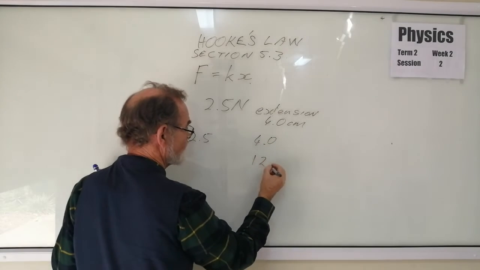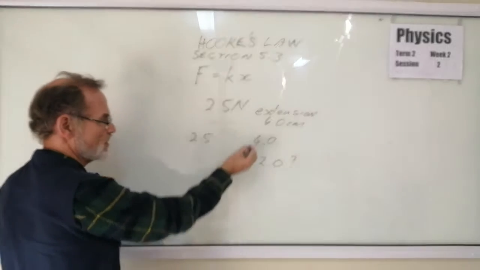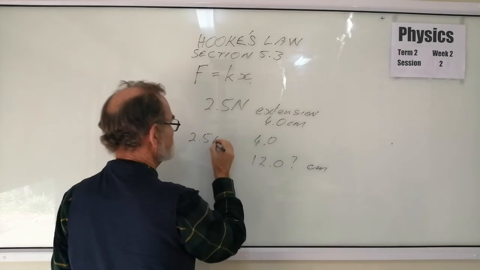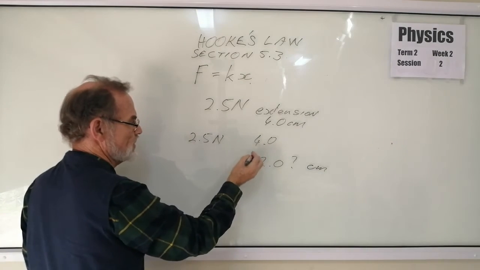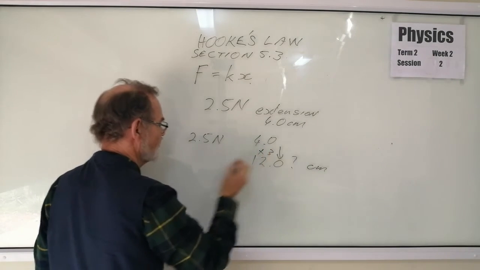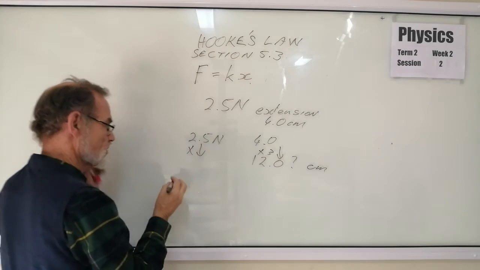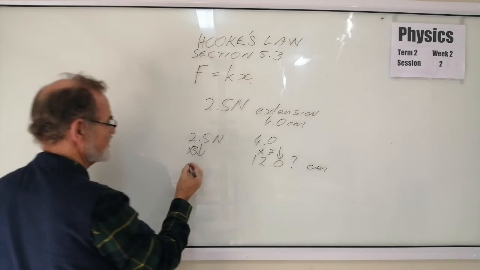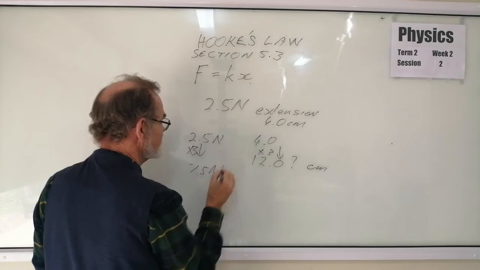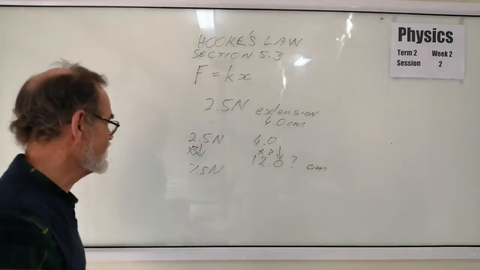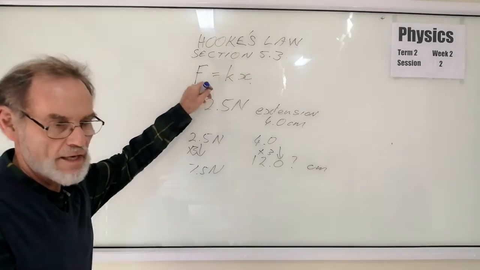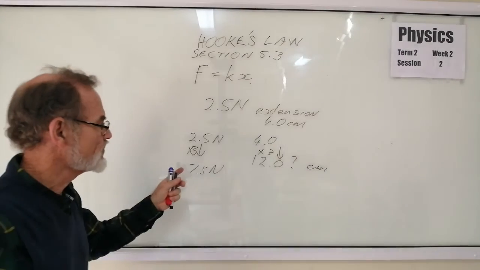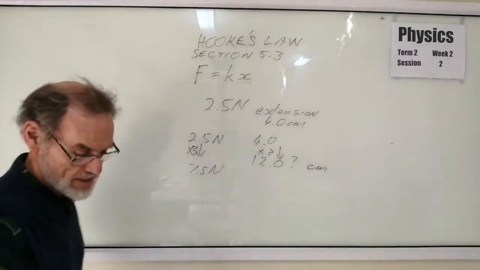What could give 12? What did we multiply to get from 4 to 12 centimeters? We multiplied by 3, 3 times 4 gives us 12. So we must multiply by 3 because it's directly proportional. And 3 times 2.5 is 7.5. So the answer is 7.5 newtons. We're just not even using the actual equation, we are just using the proportionality, which is basically the same thing.